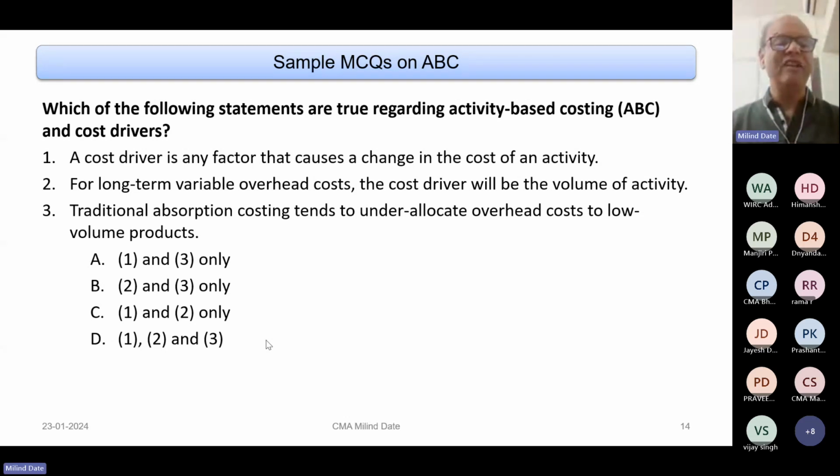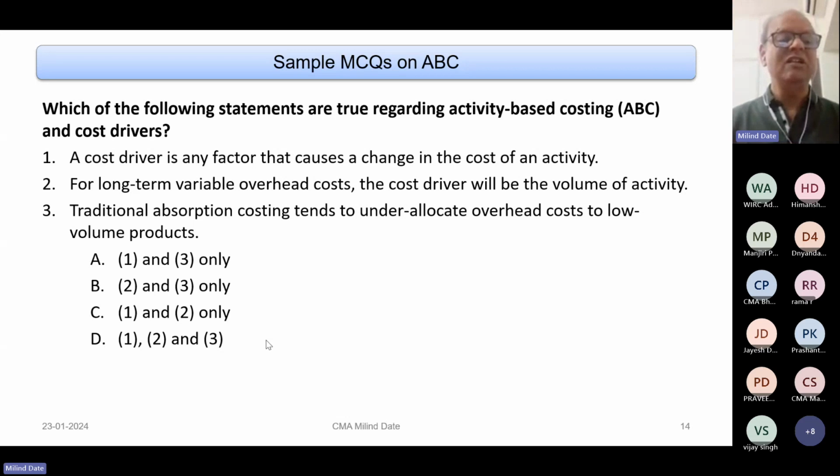For long-term variable overhead costs, the cost driver will be volume of activity. If the overhead cost is long-term variable, the general perception is that the driver will be the volume of activity. Like we said, number of setups is the volume of setups in the earlier example. So that's the meaning of sentence number 2.